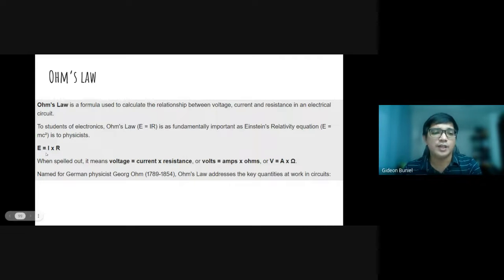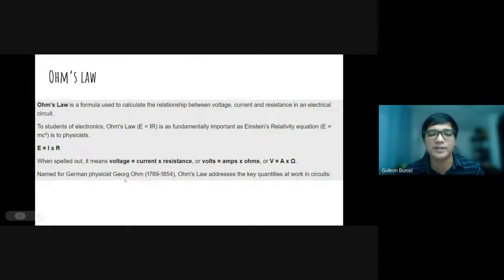V is equal to I times R. When spelled out, it means voltage is equal to current times resistance. Again, voltage is equal to current times resistance. If you want to find the voltage, we can also say volts is equal to amps times ohms, or V is equal to A times the symbol of ohms.